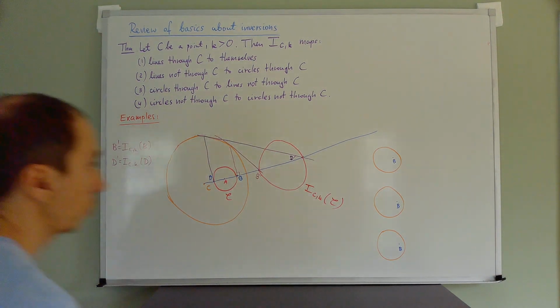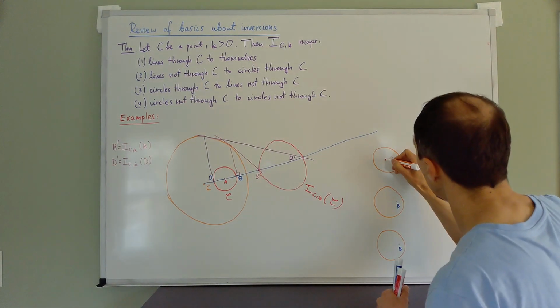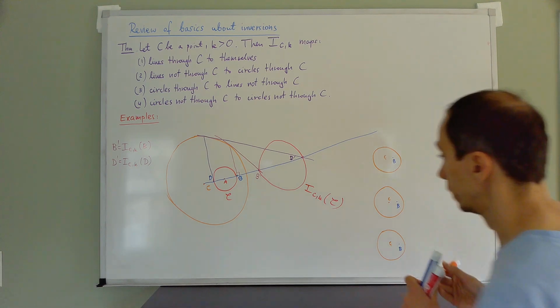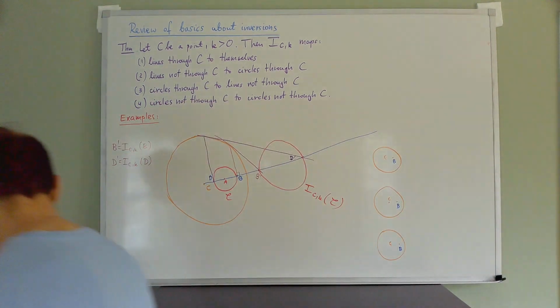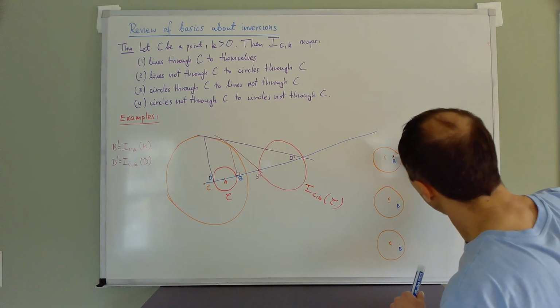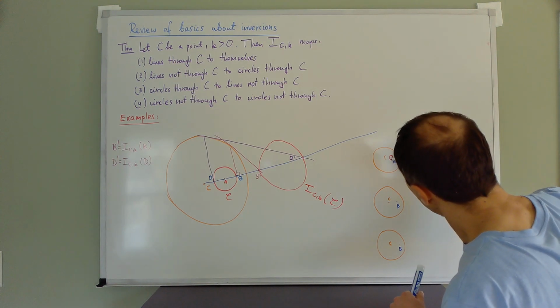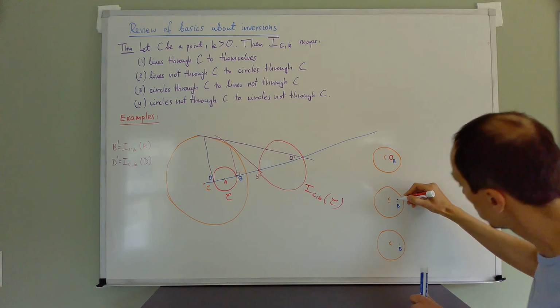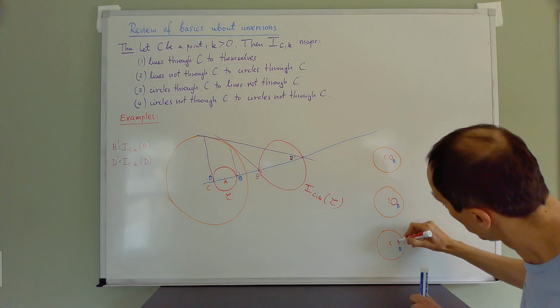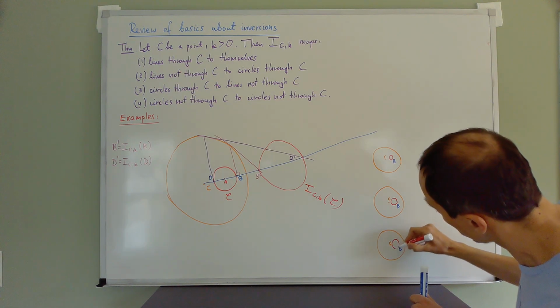And the point C is, of course, the center. And so here I have a circle that looks like that, a circle closer to C, and a circle very, very close to C.